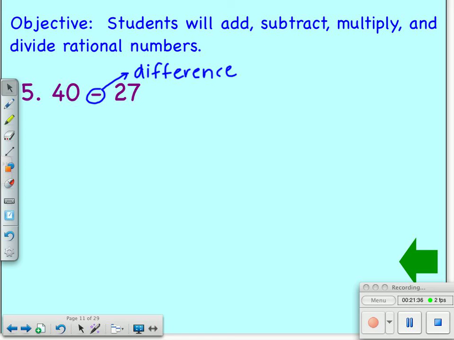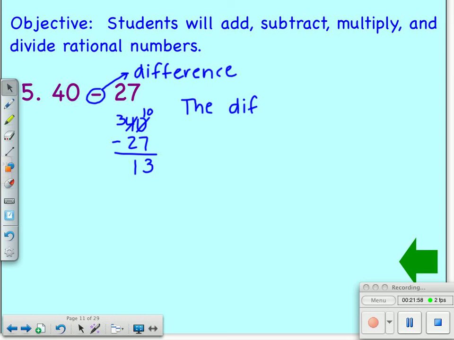So we can rewrite it 40 minus 27. Borrow from the 4. 10 minus 7 is 3. 3 minus 2 is 1. The value is 13.